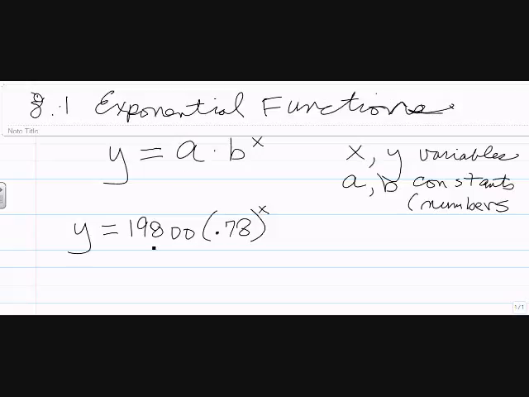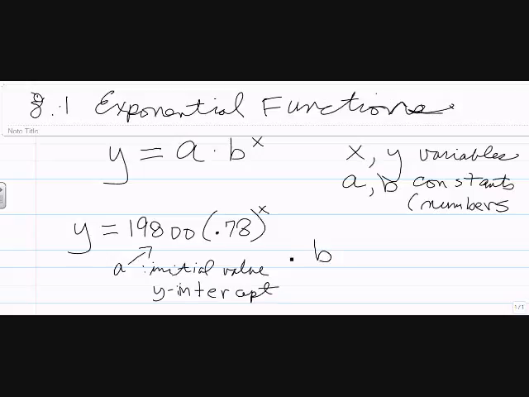So in this case, my a is the 19,800, sometimes called the initial value. Usually in word problems, this is the initial value. Or it'll be called the y-intercept. Okay.